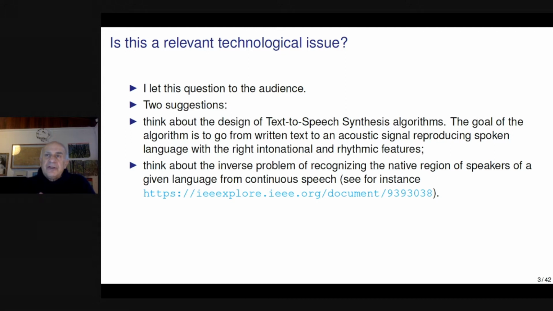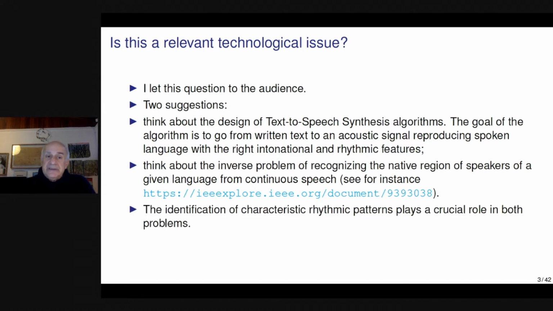You have recorded a native speaker of Brazilian Portuguese, of European Portuguese, or more generally, a native speaker of a certain region, and you want to identify the region in which this person learned his mother tongue. So in both cases, the identification of intonational and rhythmic patterns plays a crucial role.